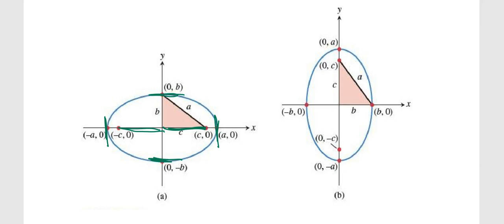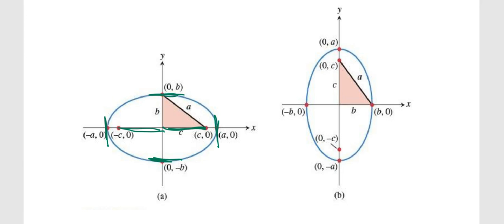Here's what I don't like about the way the book handles this. Oh, by the way, the one thing I do like about this picture is that they show you the relationship.